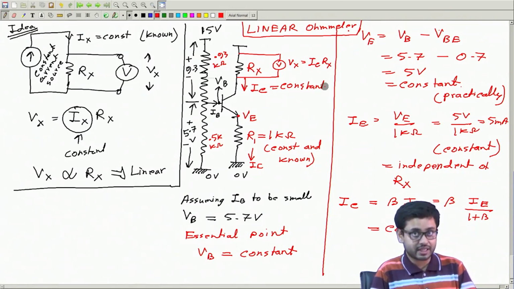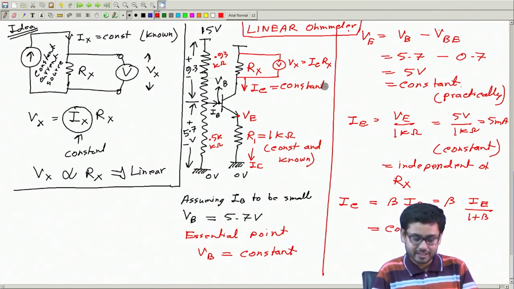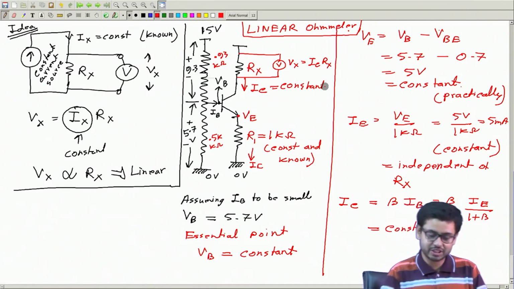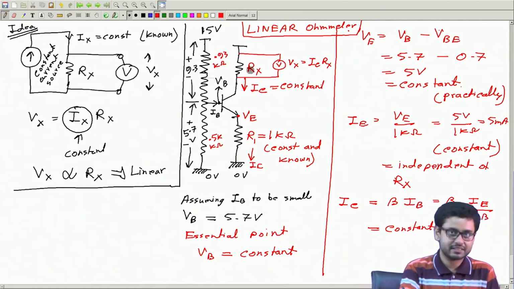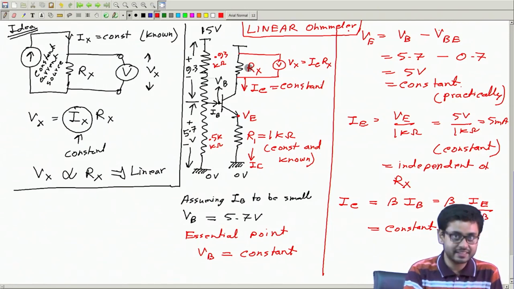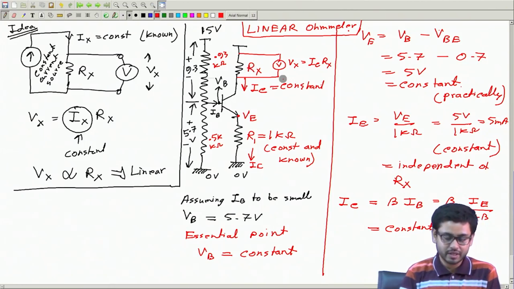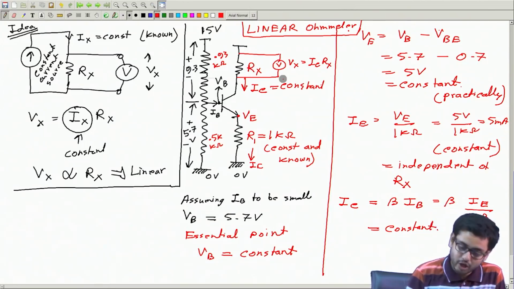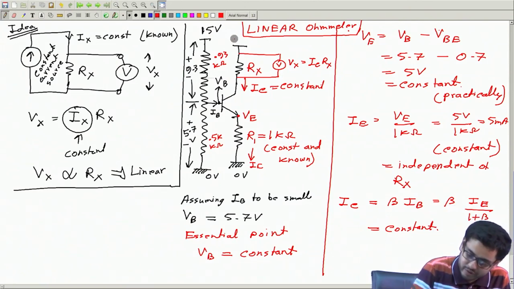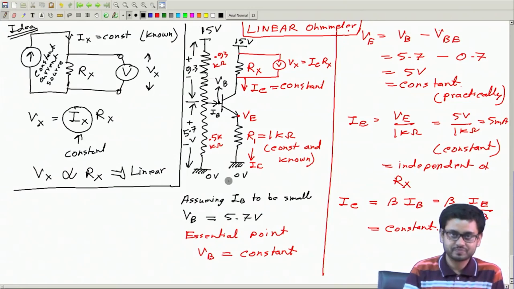Let me ask a small interesting question. What is the maximum range of Rx that we can insert in this circuit so that the behavior remains linear? Oh sorry, I forgot to mention that this is also 15 volt.